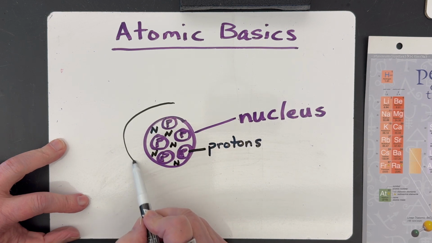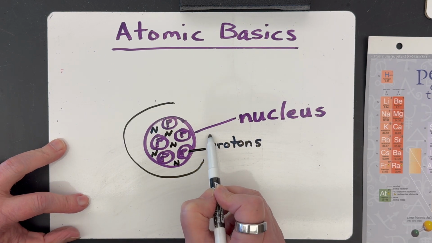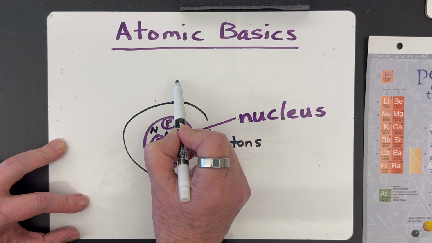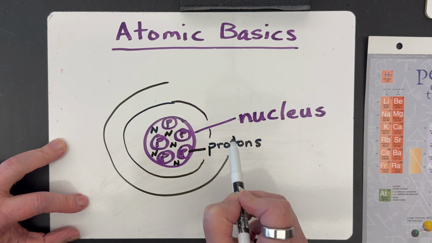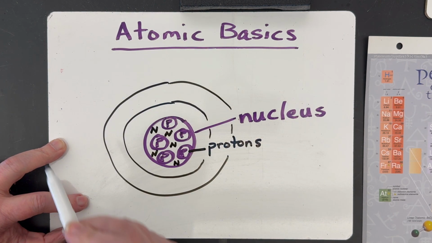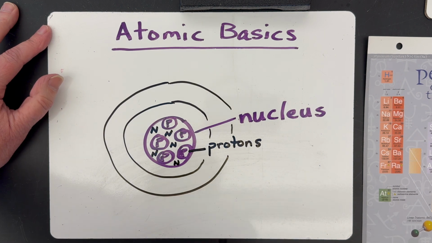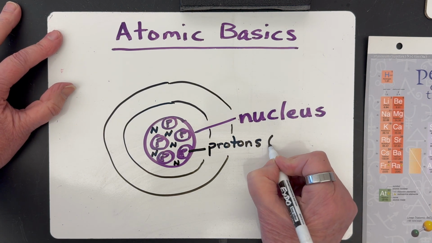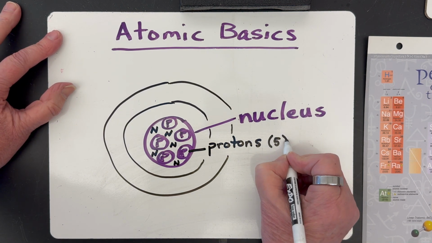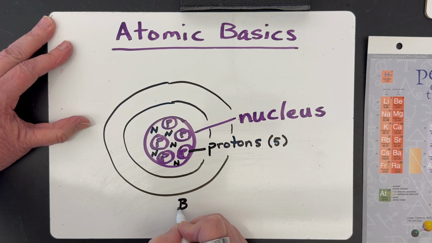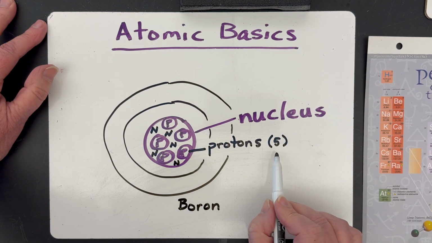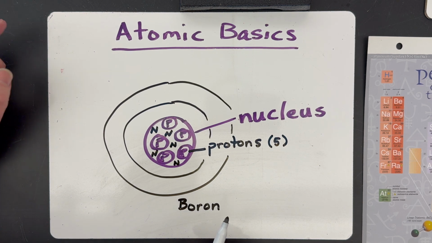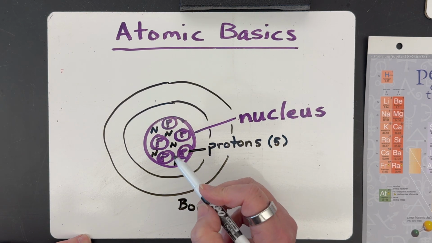Outside of the nucleus, in these electron clouds, but they're easier to visualize as rings, even though they are not rings, we're going to have electrons. Now we said that there were 5 protons in this boron atom. And if there's 5 protons, there has to be 5 electrons.